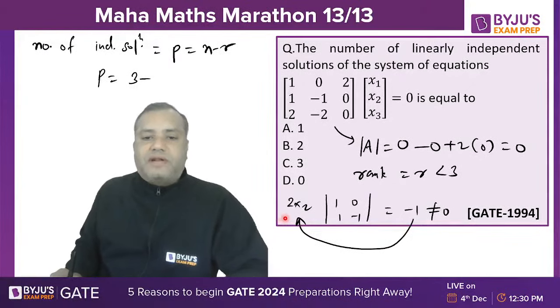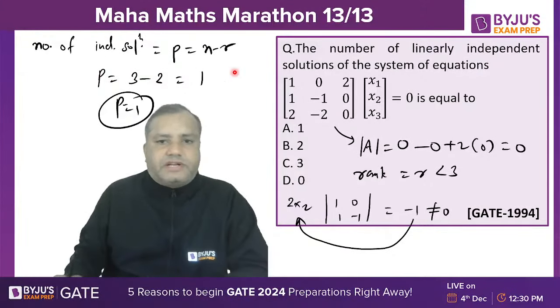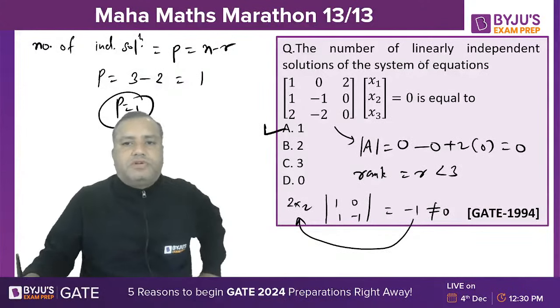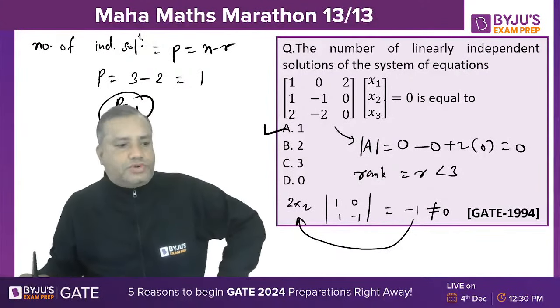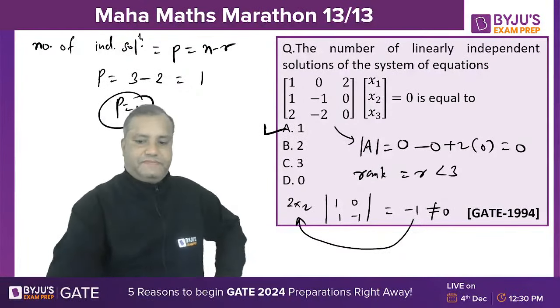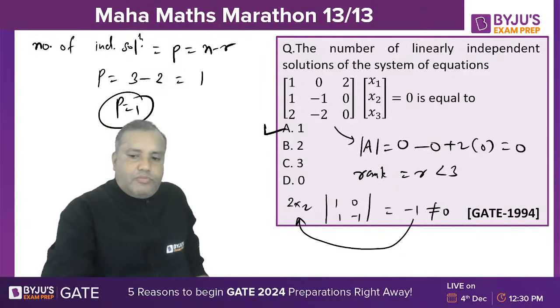So the rank of this matrix is the order of this non-zero minor, that is 2. So 3 minus 2 will be 1. And what is this P? P is the number of independent solutions. So how many independent solutions will occur for this matrix? That is n minus r, and that is 1. Comfortable, everyone? Moving to the next.